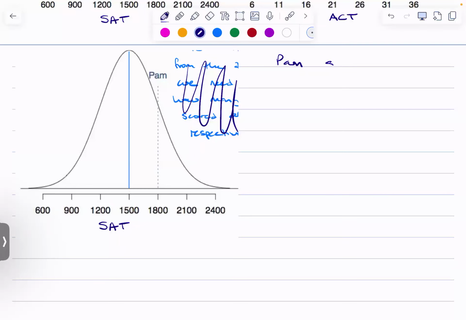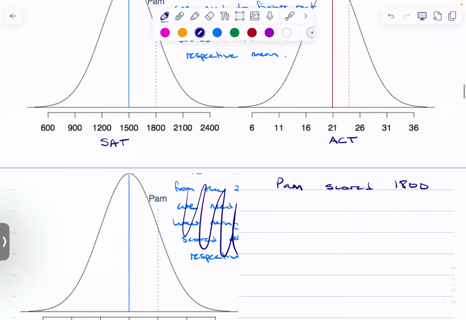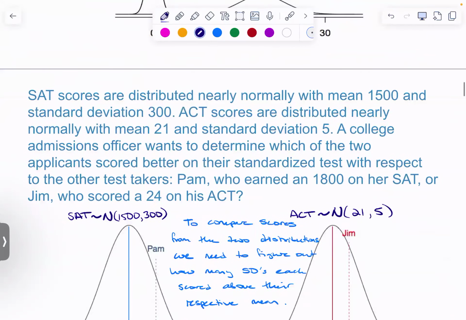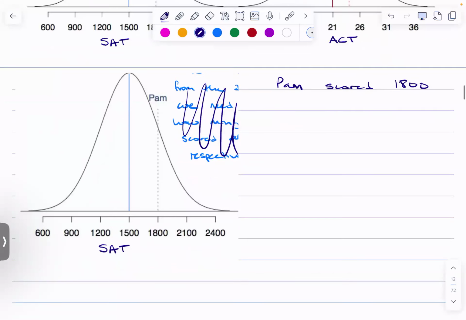Pam scored, we were told 1800, let me confirm. Pam scored 1800 on her SATs.